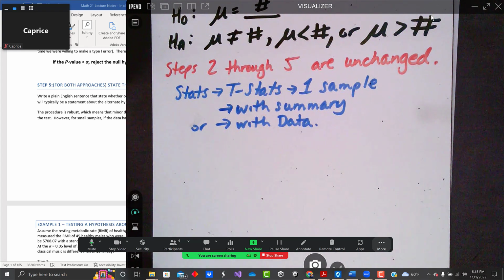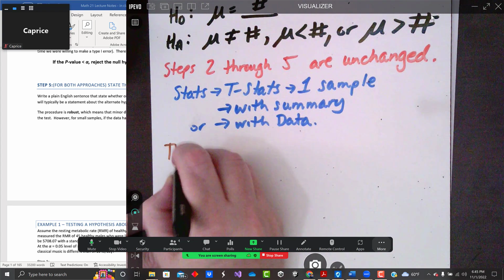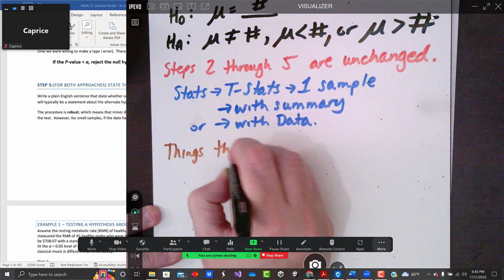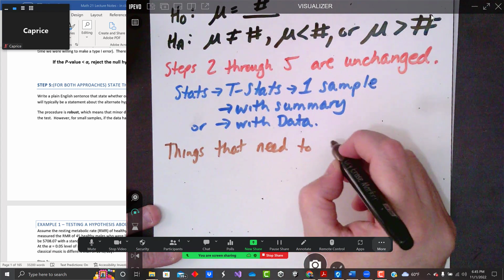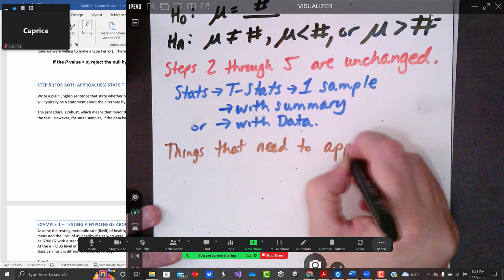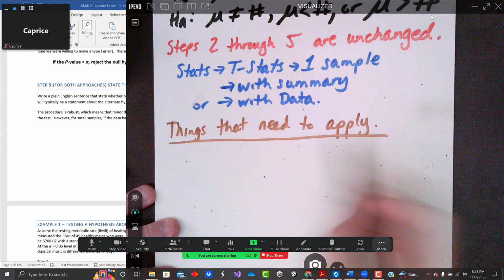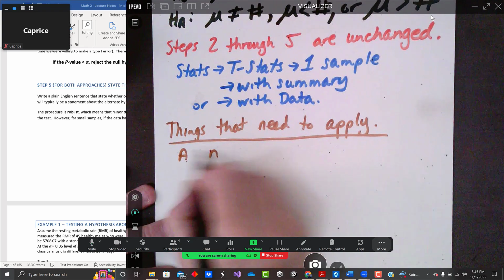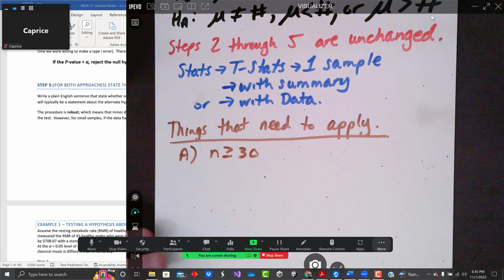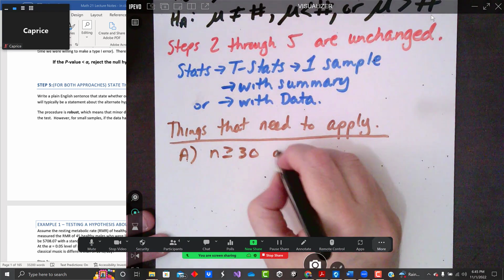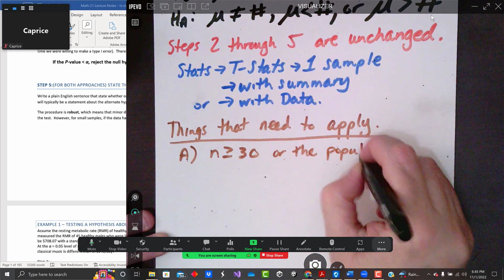Okay, remember we do have some rules about the mean. So things that need to apply. Either A, n is greater than or equal to 30, or the population is specifically stated to be normally distributed.